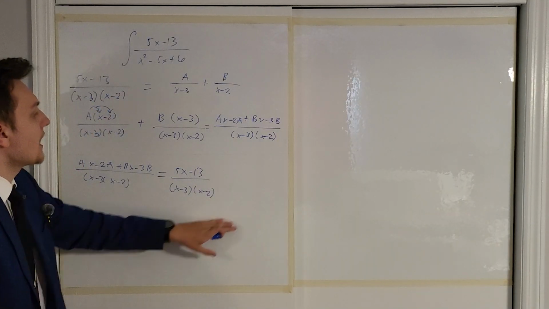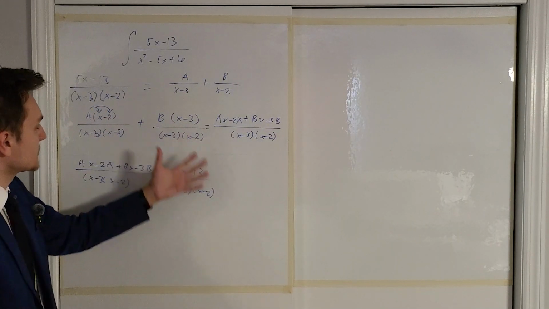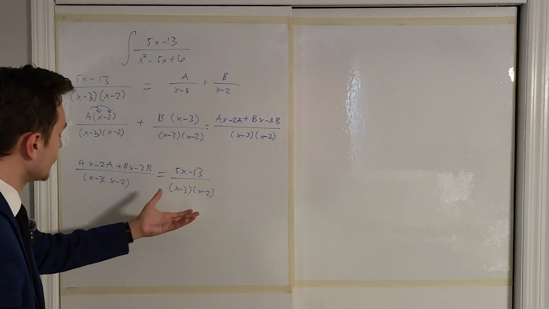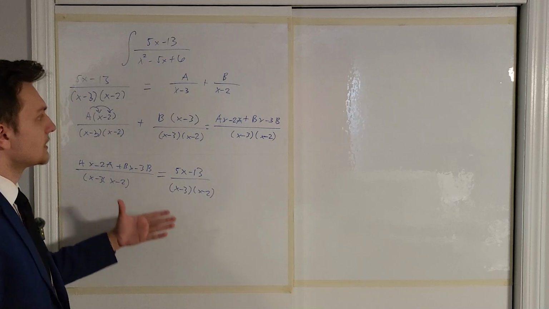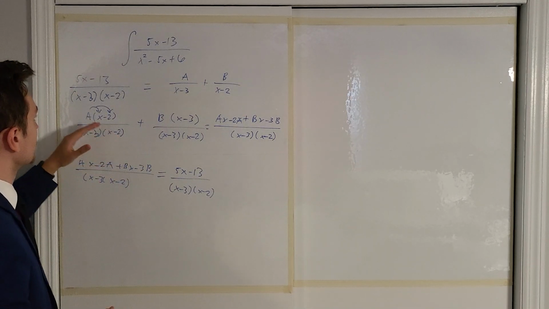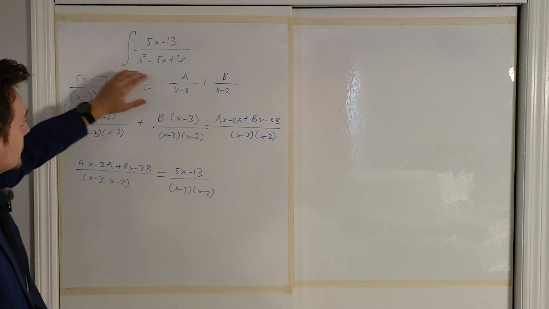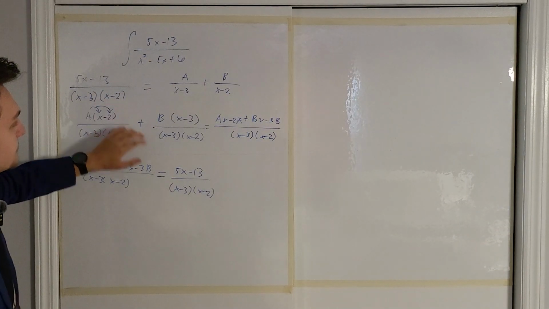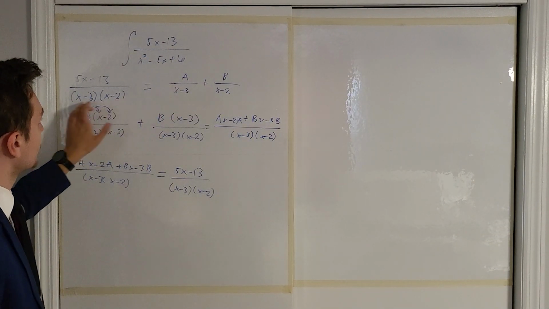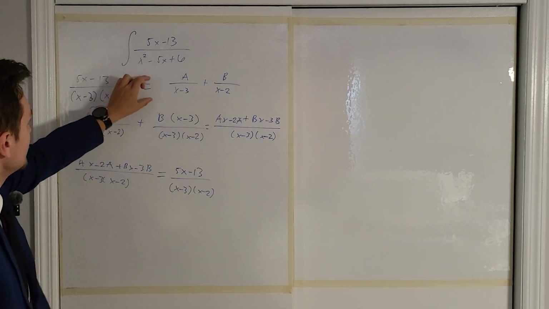Okay? Now we've followed some arbitrary rules and we've gotten here. Now we can get some work done. Okay? So this is what you need to memorize up until this point. First, you take your top and bottom and you factorize them as much as you can. Then you write A over factor 1 plus B over factor 2 equals this.